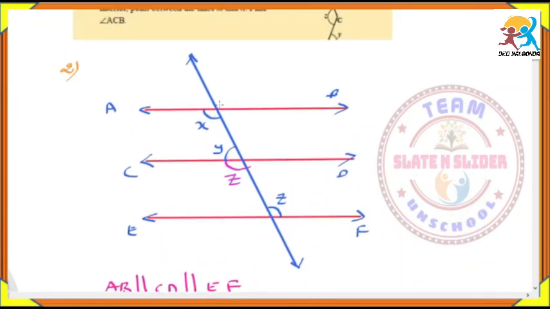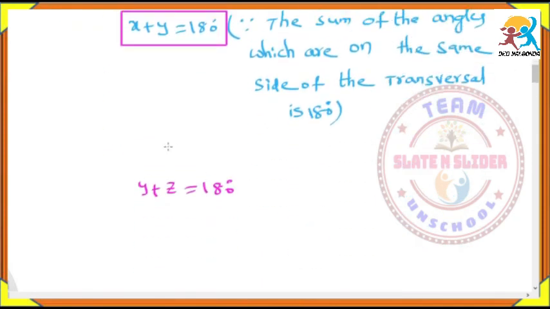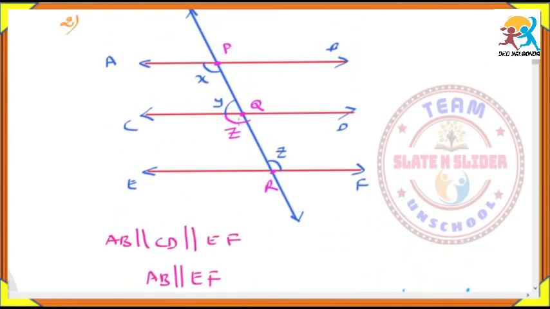Here we give some names for these intersecting points: P, Q, R. So angle QRF is equal to this angle, which is named angle CQR.